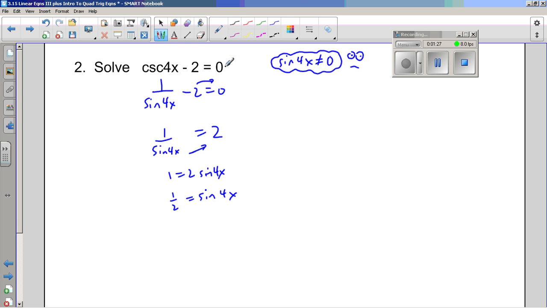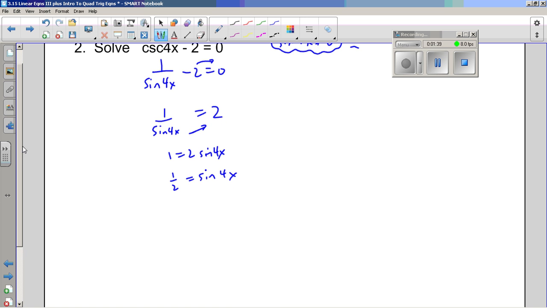And now notice what we've done. We changed something that looks unfamiliar into something that should look quite familiar. We realize that the 4x in there is kind of a pain, but it's not bad either, and we'll get into this in a second. First of all, have a little think here. We know that this would have two solutions from 0 to 2 pi.